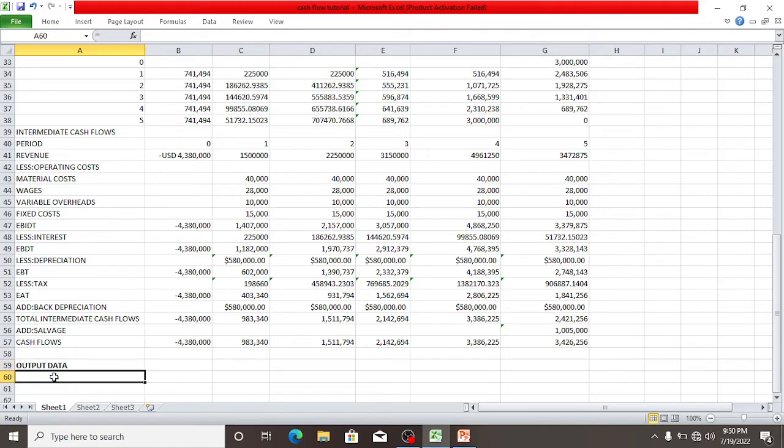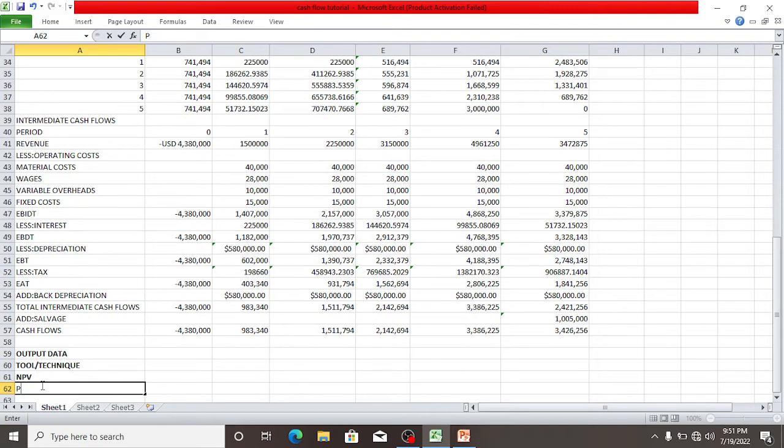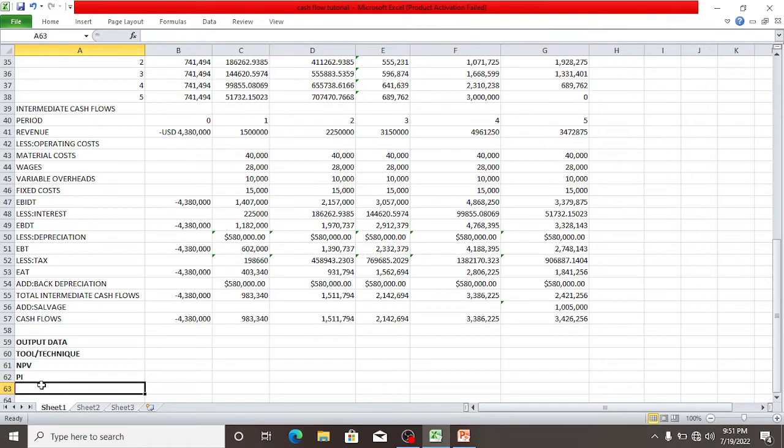Here I want the tool, or the technique, which I'm going to use. The techniques we are going to look at are NPV, profitability index, which is the same as PI, and IRR.